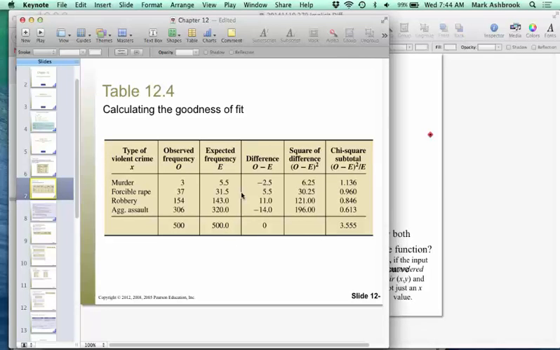Remember, each one of these has to have a frequency greater than 0, and at most 20% can be less than 5. So how are we doing? We're looking at our expected frequencies. Do we meet both criteria? There are none that have 0, and this one is actually greater than 5. It's 5.5. So we are okay.